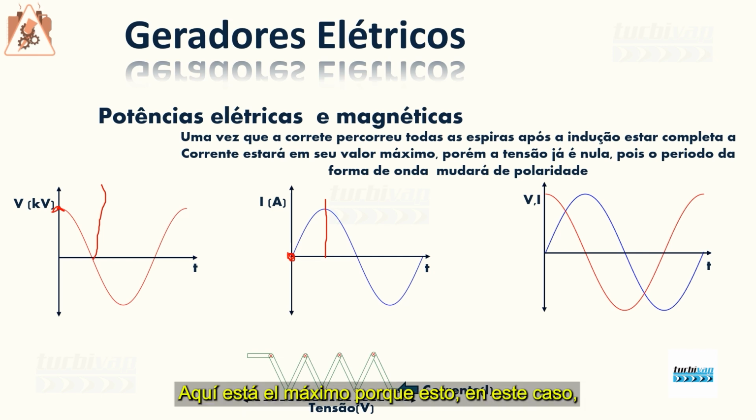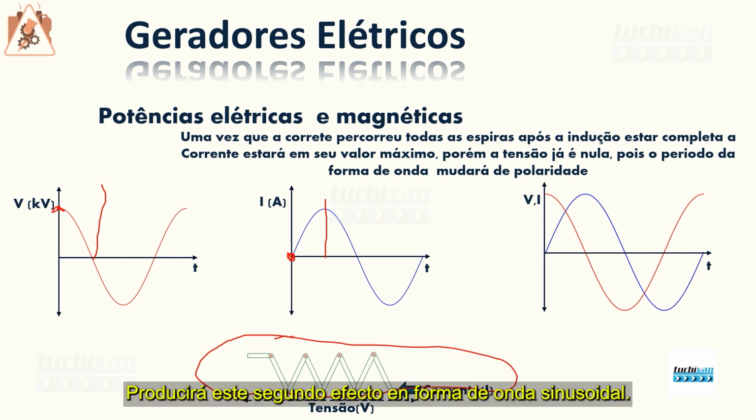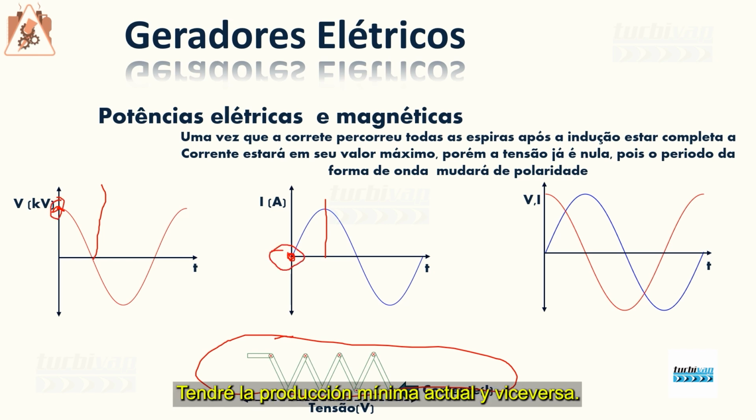When I have maximum voltage in my electrical circuit, I will have the minimum current production, and vice versa. When I have maximum current production, I have minimum tension, or zero tension. The value of zero current would be this point here.